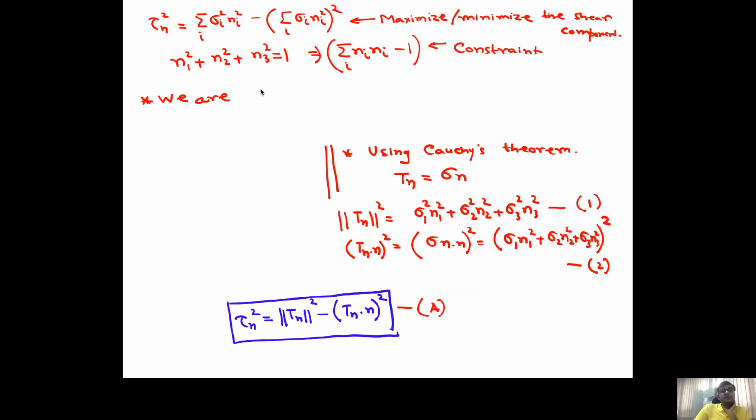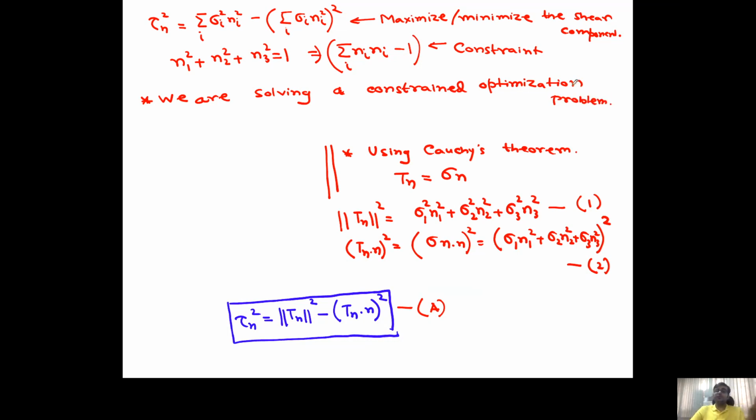We are solving a constraint optimization problem, right? That is what we are solving.